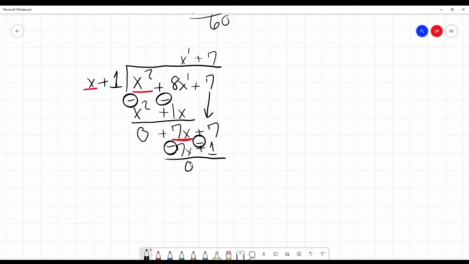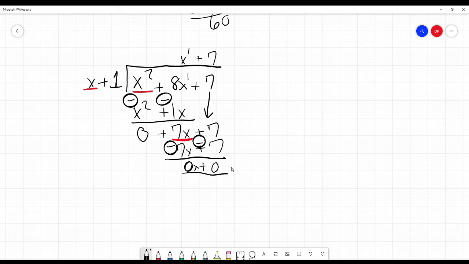So 7x minus 7x is going to be 0x. Wait, I did something wrong here. 7 times 1 should be 7. So we are subtracting, so we change the sign to a minus 7. And so we get a plus 0. So this one went into it evenly.